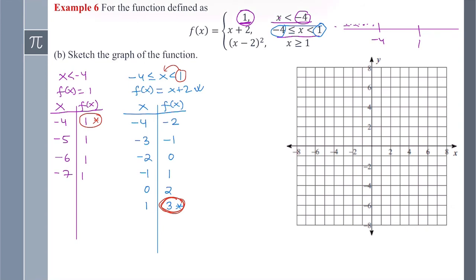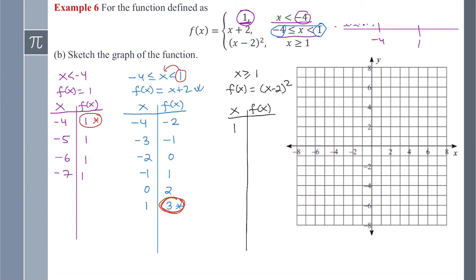Now the last one, which is x greater than or equal to 1, and the function for that is (x - 2) squared. For that, let's start from 1.